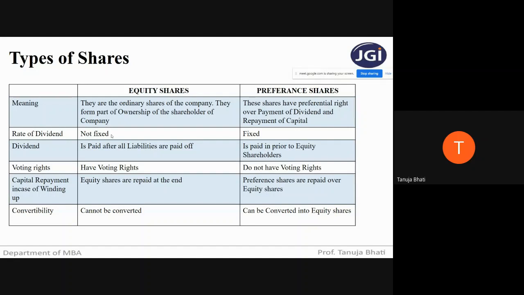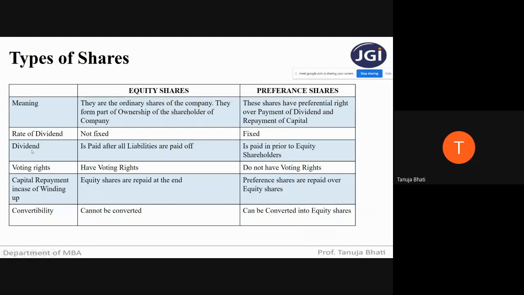Suppose in a particular year the profit made by the company is very less. Still, 10% dividend has to be paid to the preference shareholders. Suppose the next year the company makes very huge profits. Still, they will get only 10% dividend, since it is fixed.